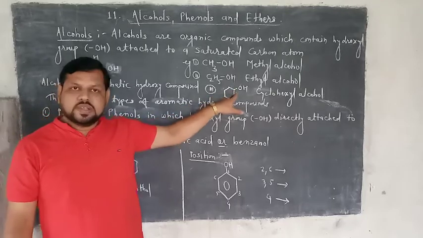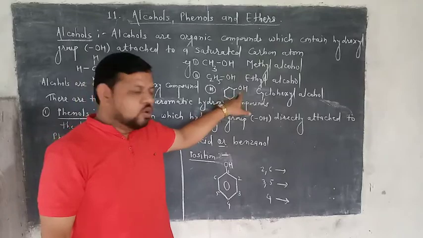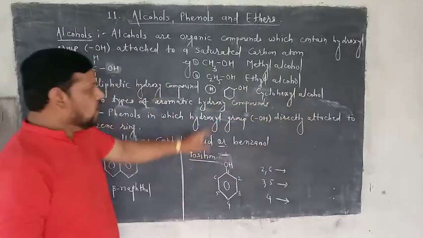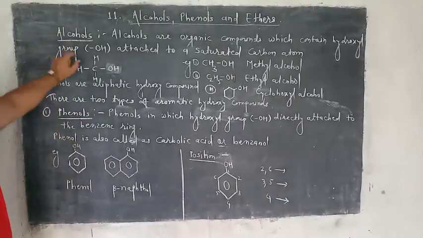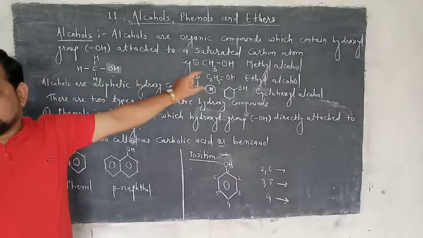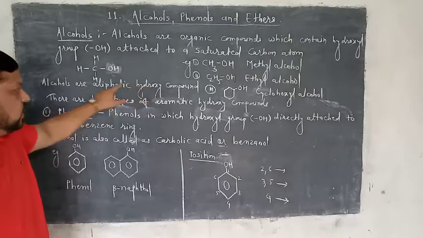From this C6H12, one hydrogen atom is replaced by a hydroxyl group and it gives the cyclohexyl alcohol. Then this alcohol is an aliphatic hydroxy compound. Alcohols are aliphatic hydroxy compounds.